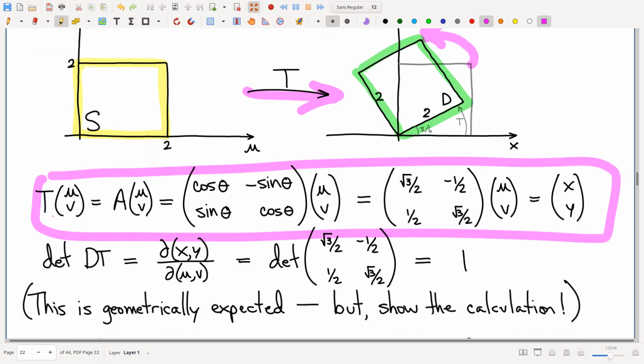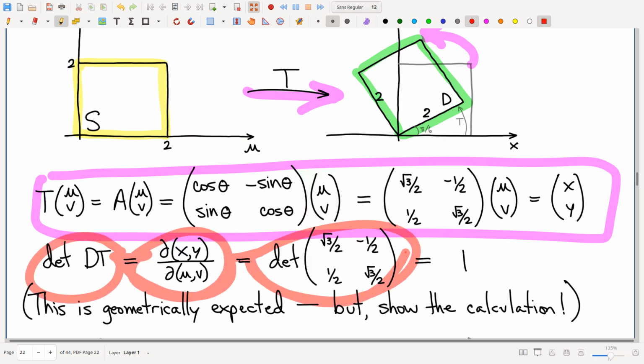Okay, so then we compute the derivative matrix and take the determinant per the usual formula. And so that Jacobian determinant turns out to be 1. Now that's just details. Make sure you can do that, of course. Let's think about why that is. What a coincidence. Right?